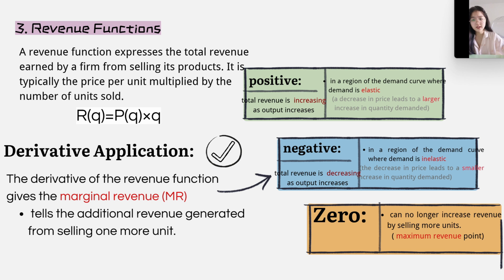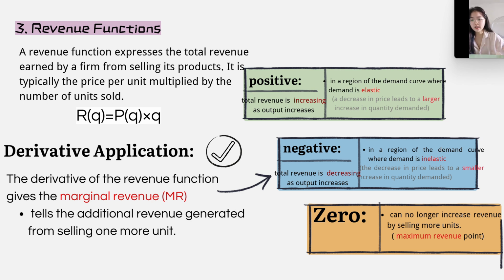If the derivative is positive, then it means the total revenue is increasing as output increases. It often happens when the firm is in a region of the demand curve where demand is elastic, which means a decrease in price leads to a larger increase in quantity demanded.